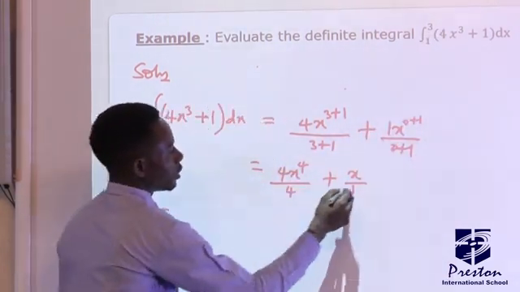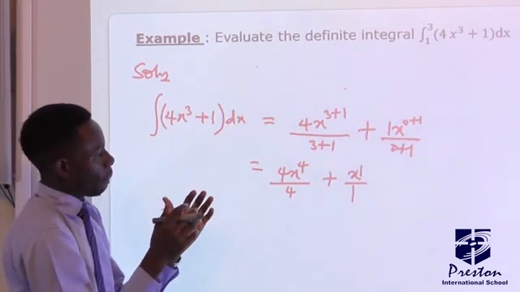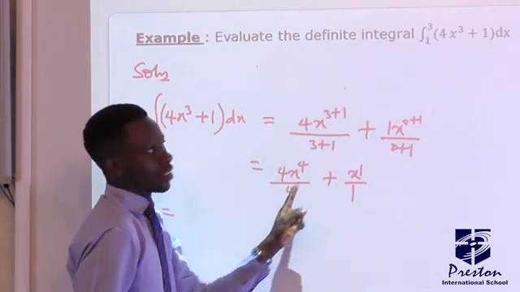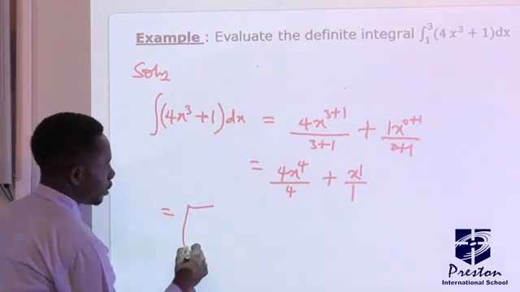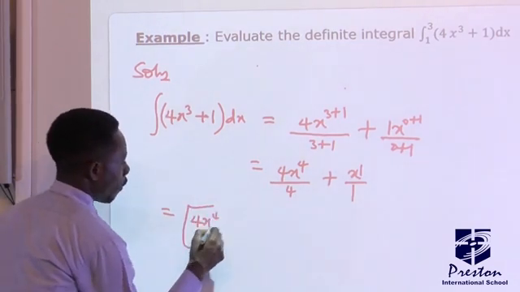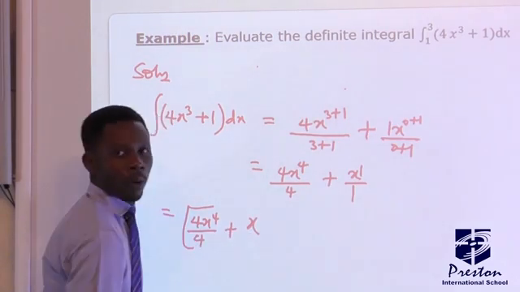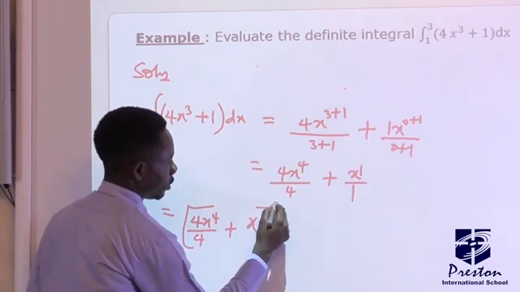So when we substitute x as 3 and x as 1, we are going to have x raised to the power 4 over 4 times 4, plus x. Of course, x divided by 1 will give us x, evaluated from 1 to 3.